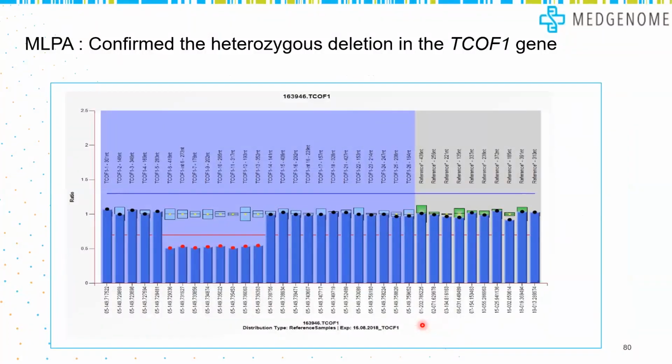But again, as I said, these always have to be validated by an alternate method. So this is MLPA, which confirmed the deletion of the 7 exons of TCOF1 gene. Now, certain MLPA probes are already available because they are very commonly requested.